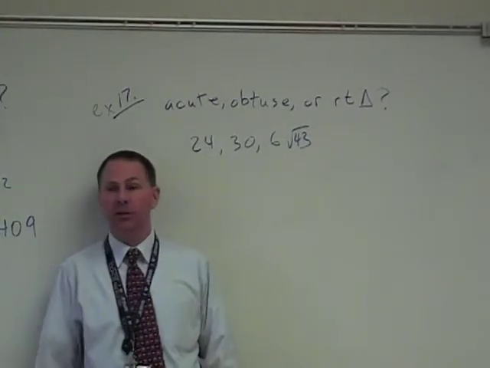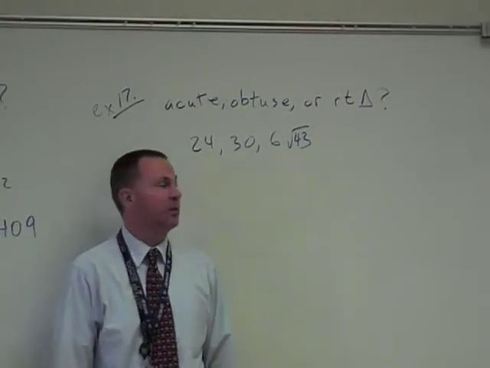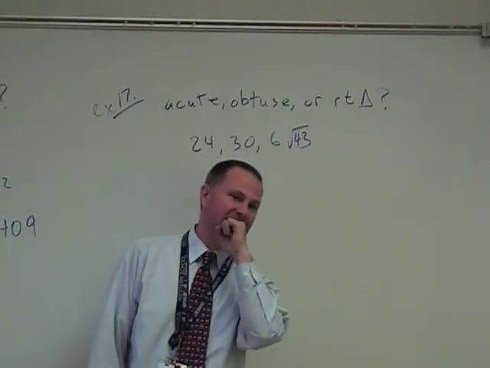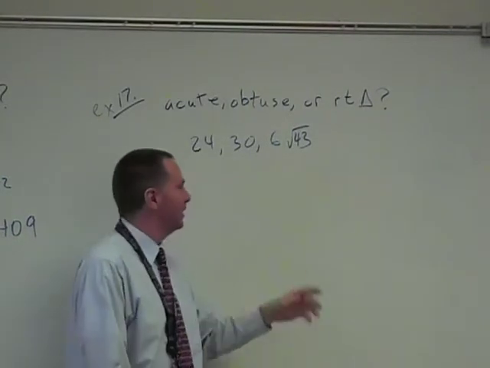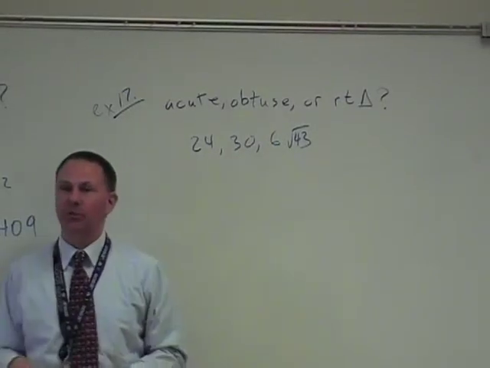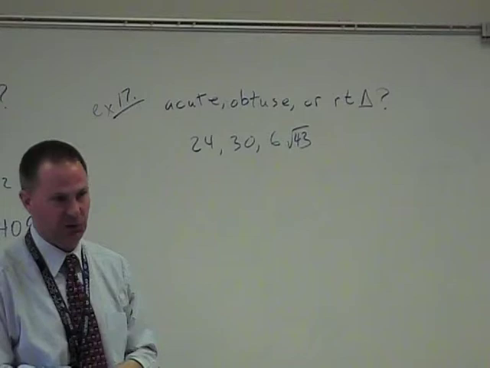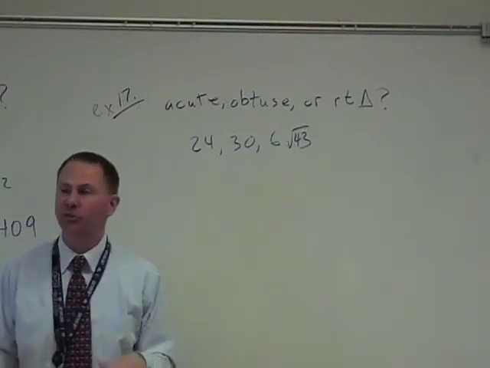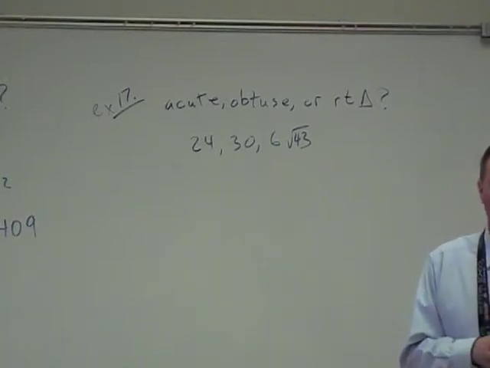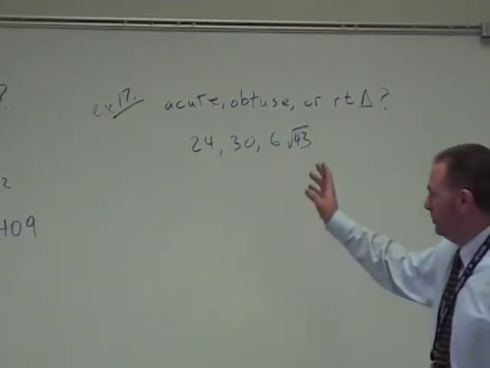Well, 30 seems to be the longest, but you don't know what 6 times radical 43 is. What is 6 times radical 43? 39 something. So this is your C. You have to find out what your C is first. You don't want to say hypotenuse because hypotenuse implies that it's a right triangle, but we all understand what you mean. All right, so figure that out.